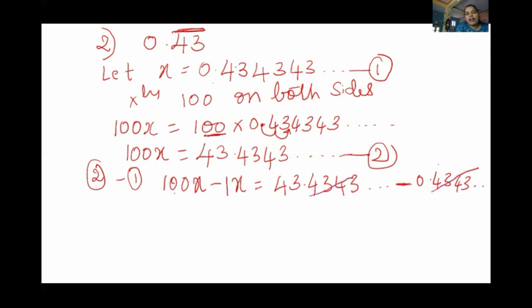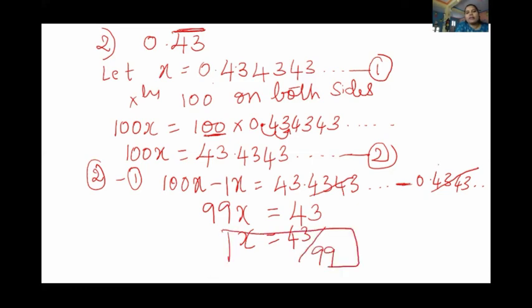So what remains is 100x minus 1x, which is 99x, equal to 43. That is, x is equal to 43 by 99. So we have represented this 0.43 recurring number as a rational number.